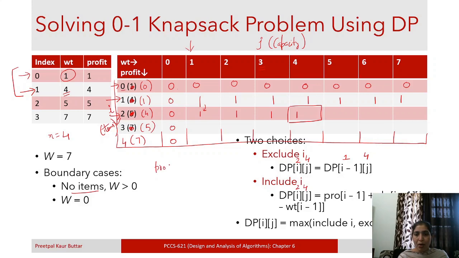Profit of this item, the item at location 2, will be stored at location 1 in this array.